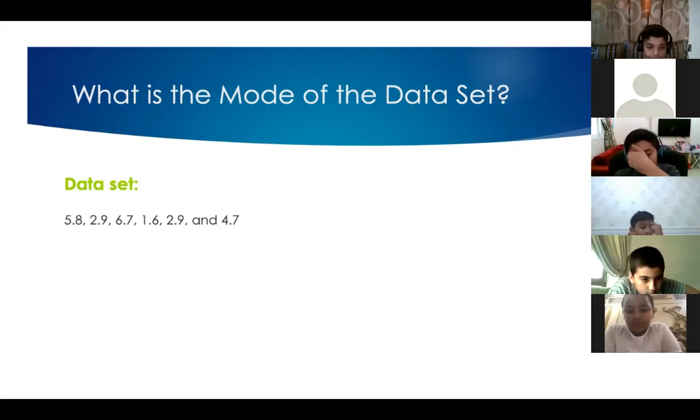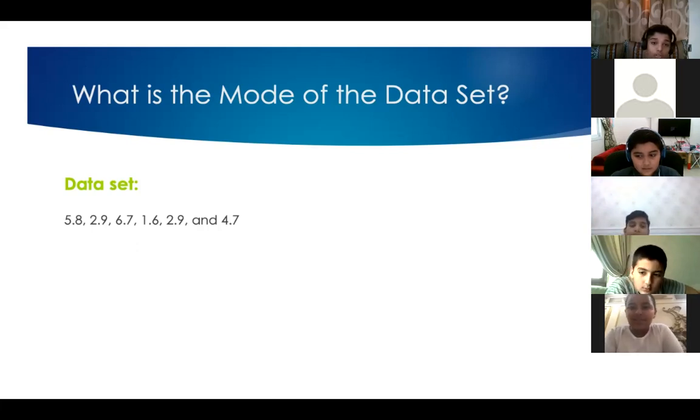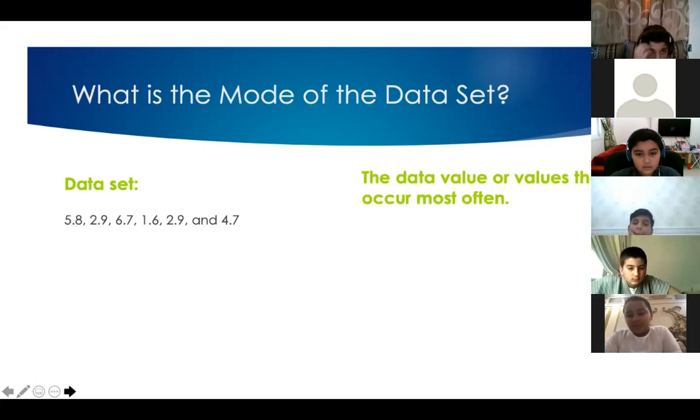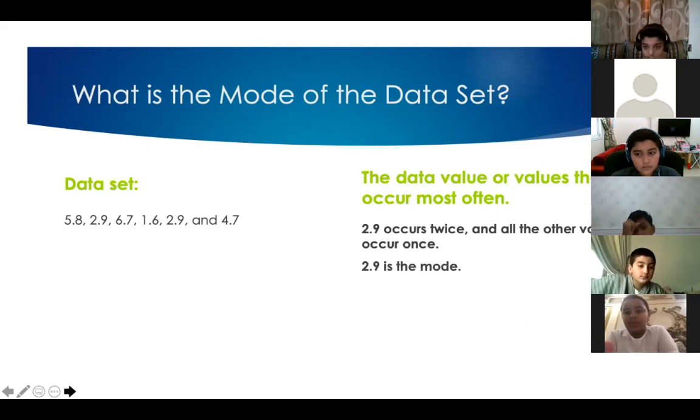Which number is repeated, unlike others? 2.9. Bravo. So what do we call this 2.9? Who can guess? Mode. Bravo, very good. This is what we call the mode. So the data value or values that occur most often: 2.9 occurs twice and all the other values occur once. This means that 2.9 is the mode.